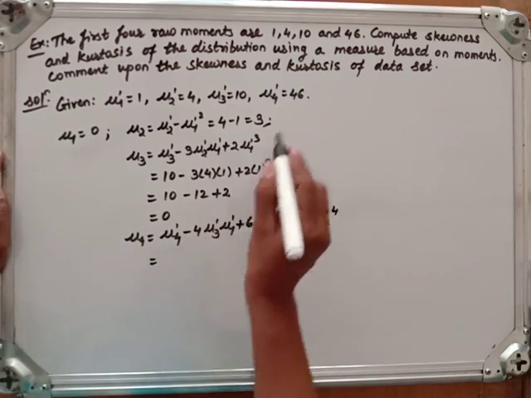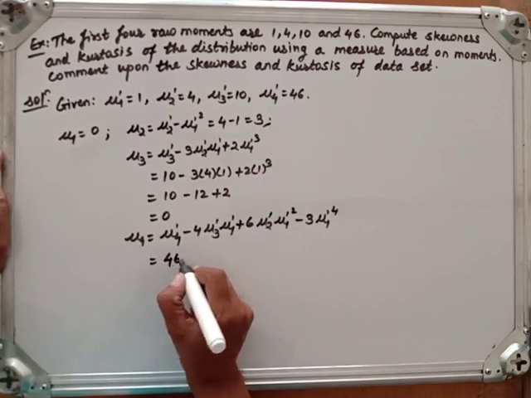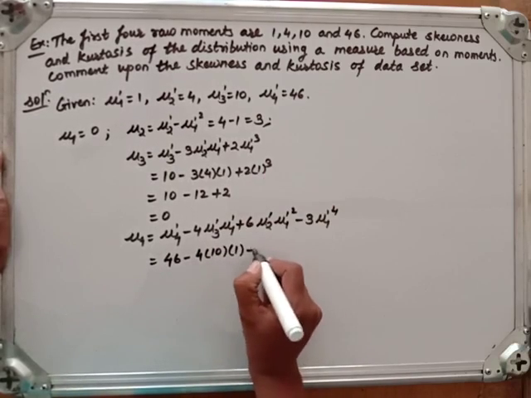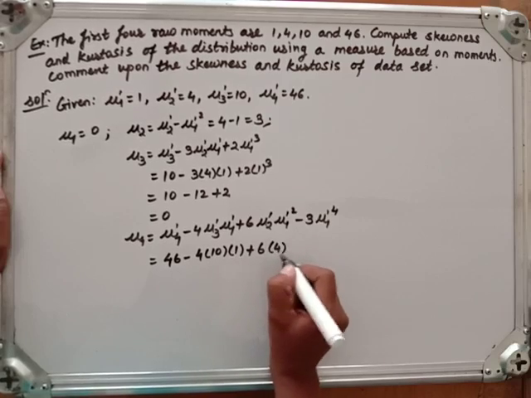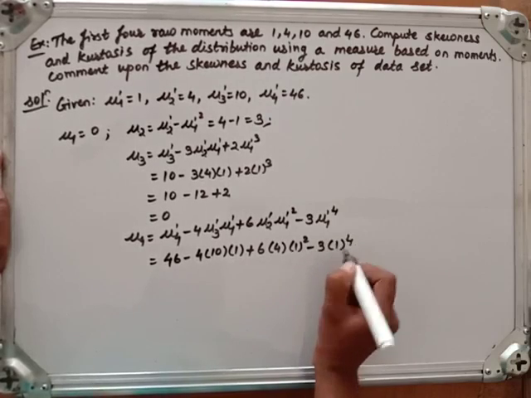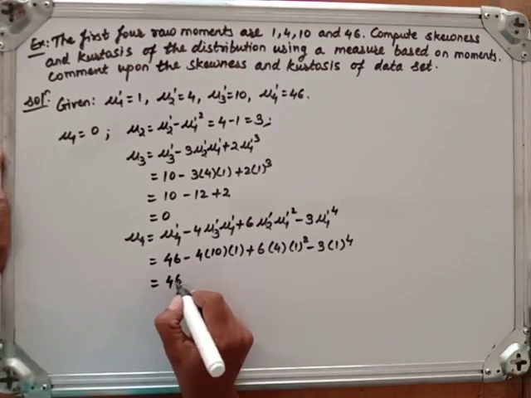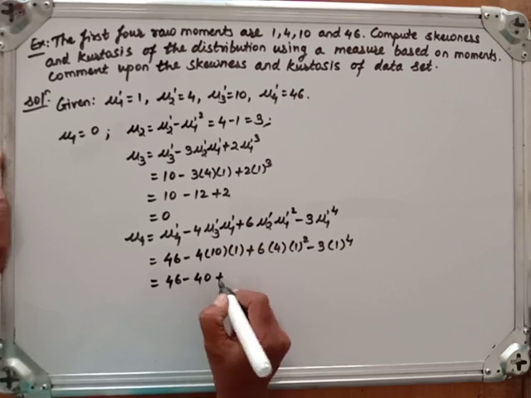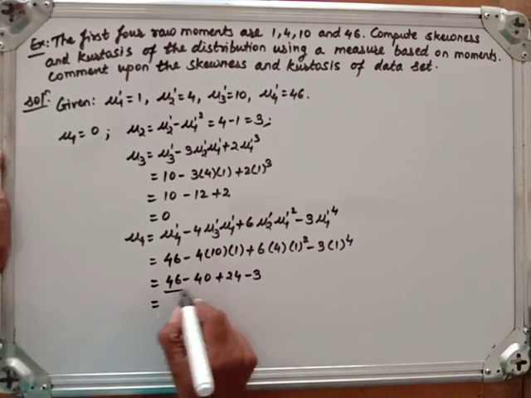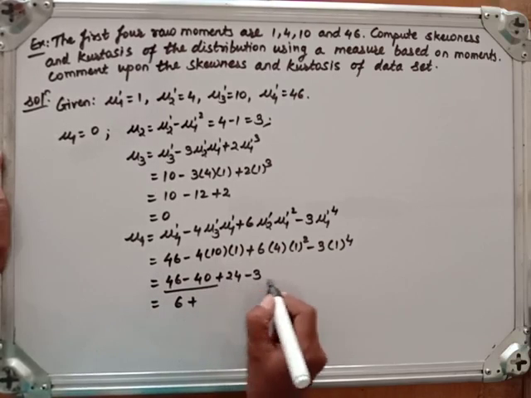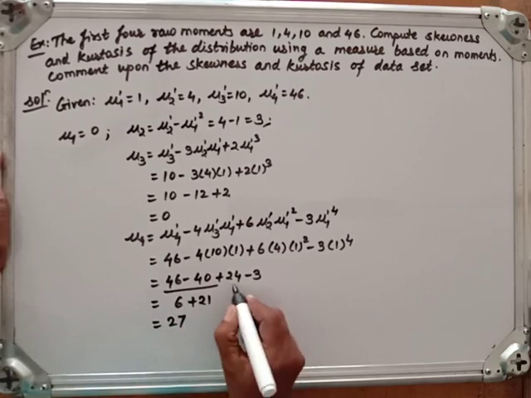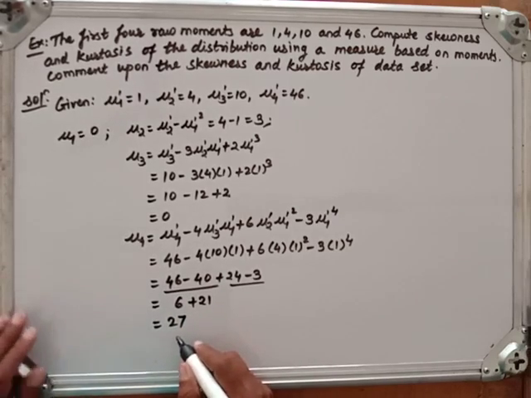This is 46 minus 4 into 10 into 1 plus 6 into 4 into 1 square minus 3 into 1 raised to 4. So this is 46 minus 40 plus 24 minus 3. This is 6 plus this is 21. So 27. Okay. Mu4 is 27.